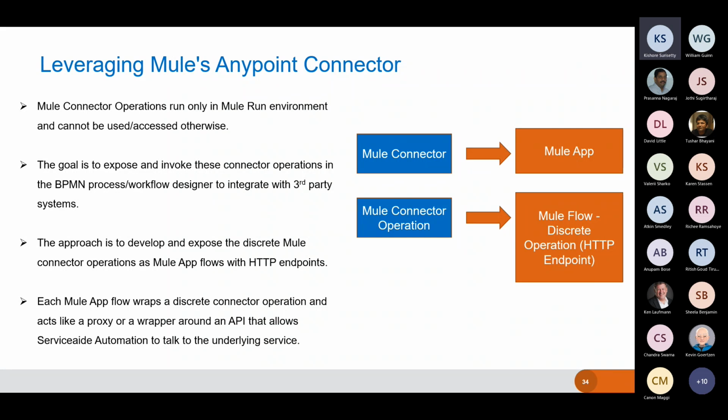What it means is we are going to wrap the discrete connector operation in the Mule app flow, which acts as a proxy or wrapper around the third-party connector API. That allows the server-side automation to talk to the underlying service through Mule by invoking the Mule app operation that we are going to ultimately deploy into Mule run through our interface, which we're going to see in action in a while.